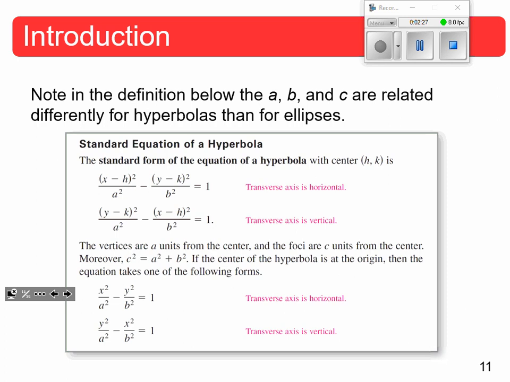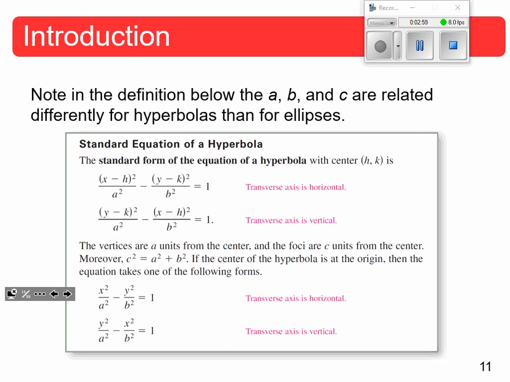So the one that we have here is x minus h squared over a squared minus y minus k squared over b squared is equal to 1. So it's still equal to 1. Now, a little bit nicer than the ellipses is that here it's easier to identify a and b, especially when given the equation.